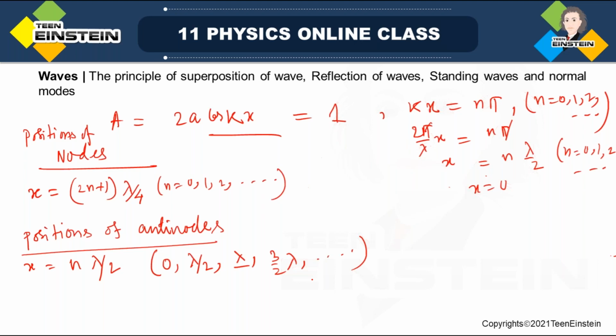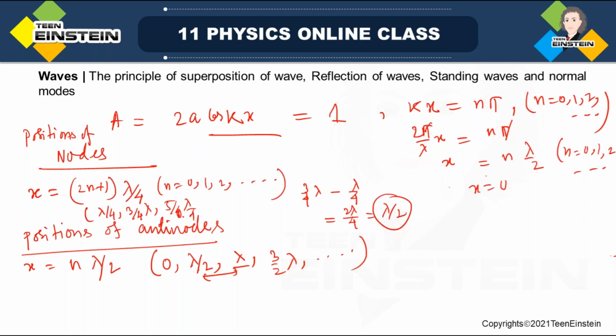If I take the difference between consecutive nodes or antinodes, the positions of the nodes will be: n equal to 0 means lambda by 4, n equal to 1 means 3 lambda by 4, then 2 means 5 lambda by 4, etc. If you take the difference, for example 3 lambda by 4 minus lambda by 4, you will get 2 lambda by 4, that is lambda by 2.